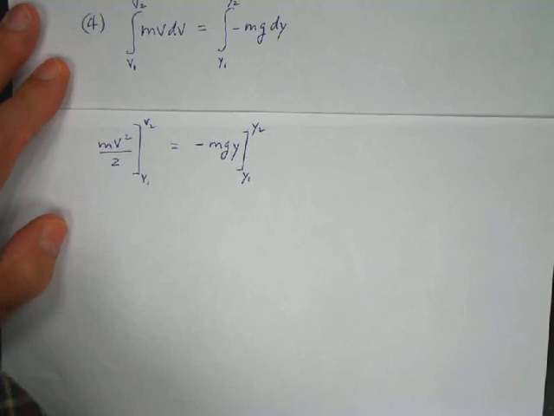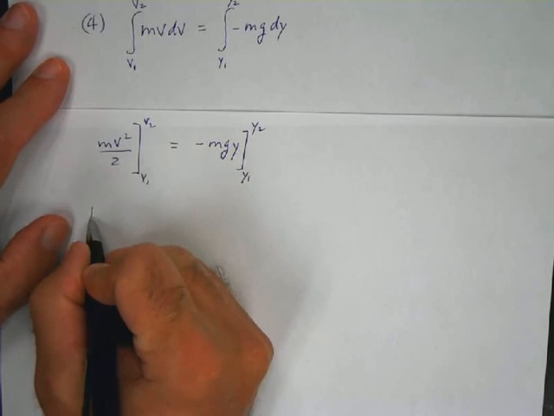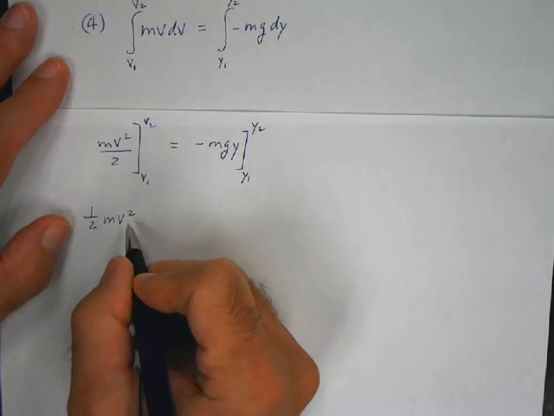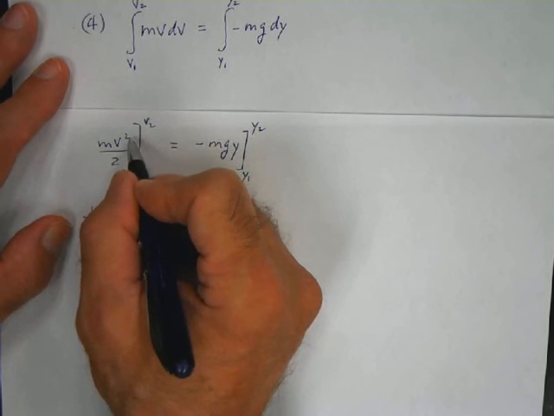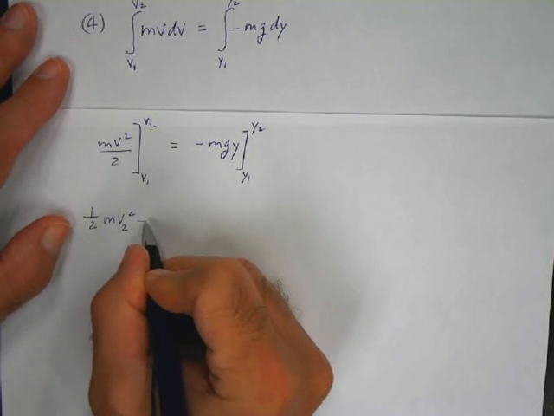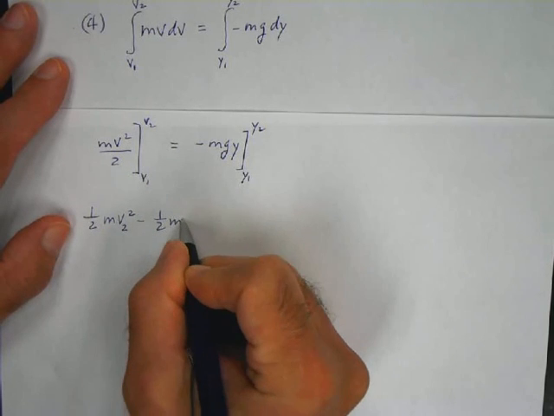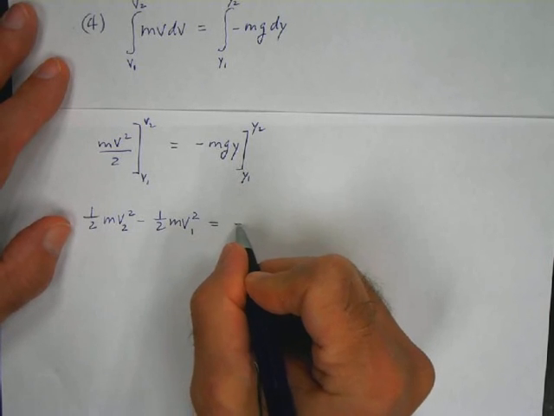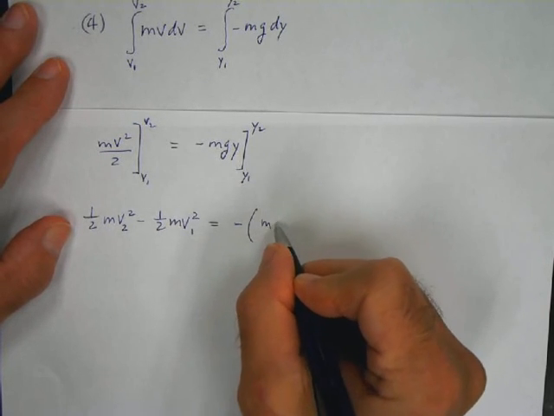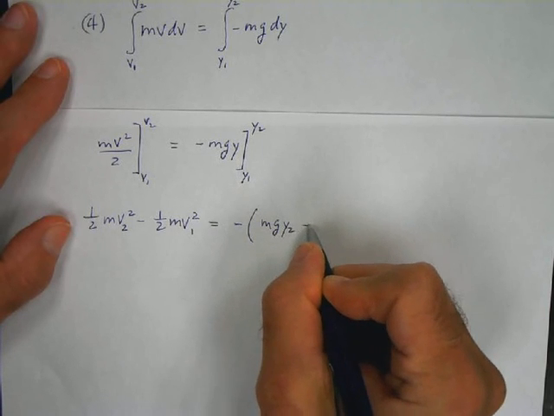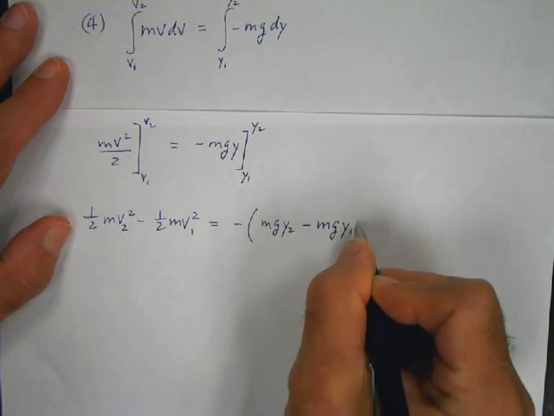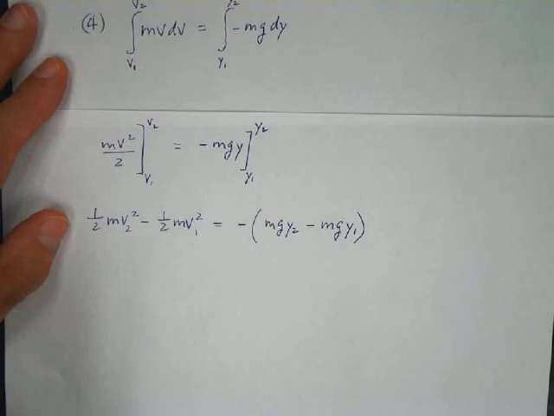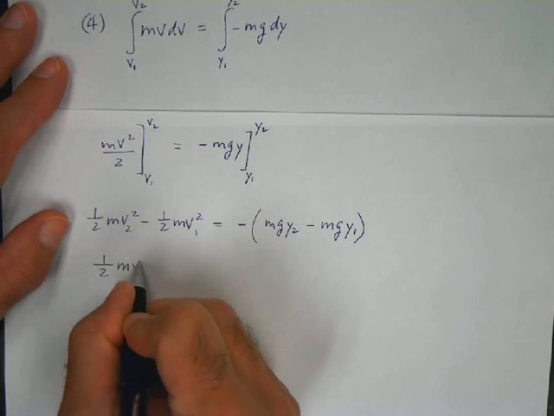All right. Now let's go ahead and evaluate, and we end up with this over 2, which is the same as 1/2, so 1/2 mv2 squared, substituting v2 in for that, minus 1/2 mv1 squared, and that's equal to the negative of mgy2 minus mgy1.